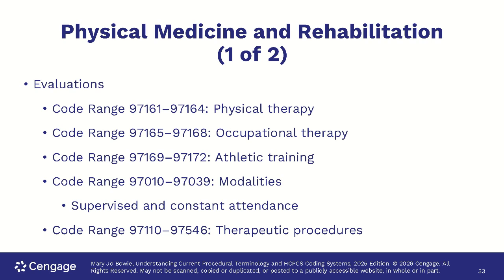The evaluations range from low to high. There's also a code for re-evaluation. So usually like every 30 days, if you're under physical therapy, you have to get re-evaluated just to make sure that you still need the physical therapy.